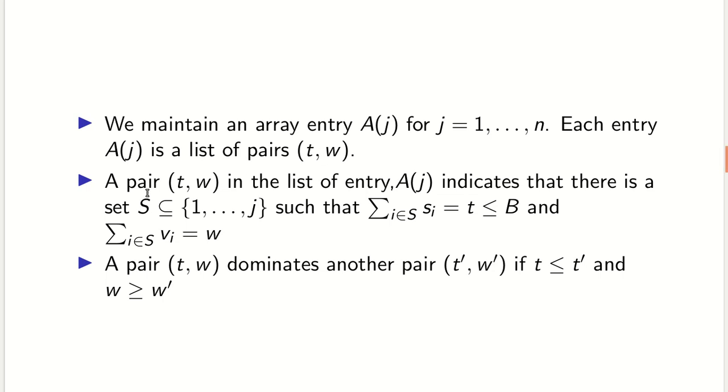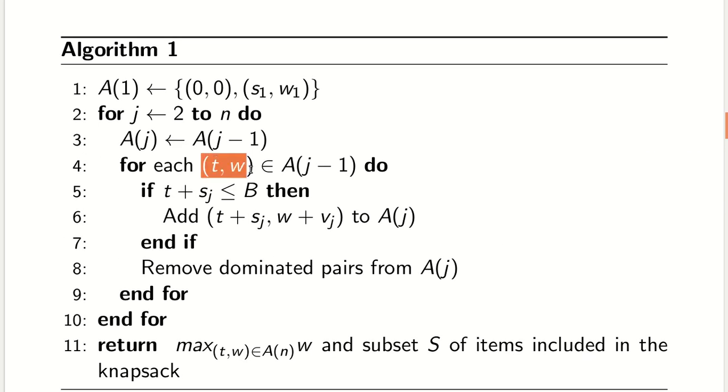A pair t comma w in the list Aj indicates that there is a set S which is a subset of 1 to j, such that the sum of sizes of items in that set is t, and it should be less than or equal to B, and the sum of values of the items in that set S is equal to w. So that's what we mean by this pair t comma w. It means that t comma w implies a feasible solution.